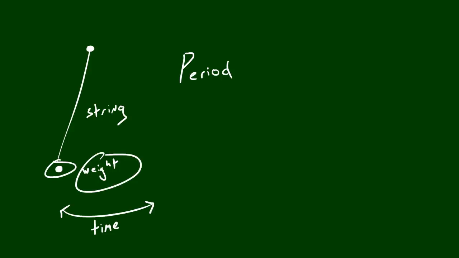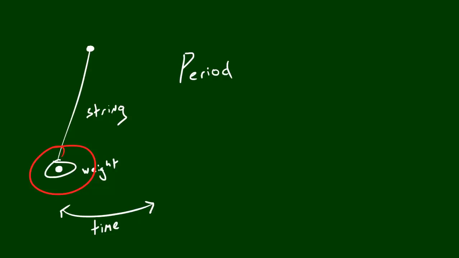This weight right here actually has no effect on the period at all. So if you put a pumpkin right here, or a baseball, or maybe a blueberry, it doesn't matter at all. The weight of the object doesn't affect the period or the time of the swing whatsoever.